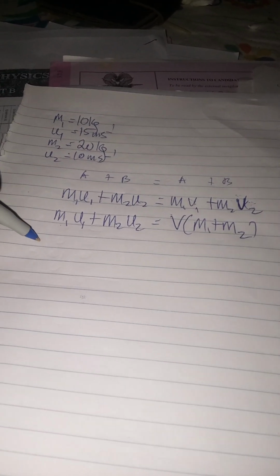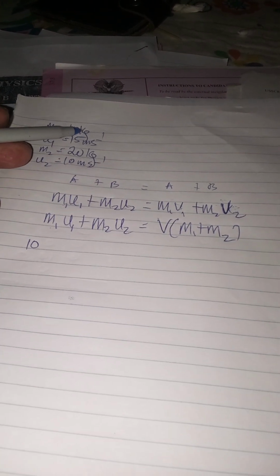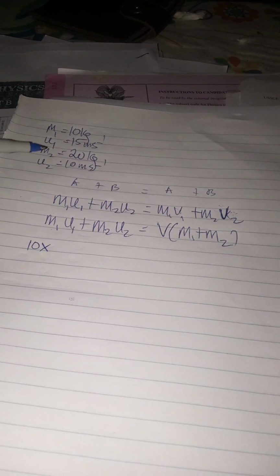So here we go. M1 is 10 kilograms, so we disregard the units for convenience; later on we will write the final units.